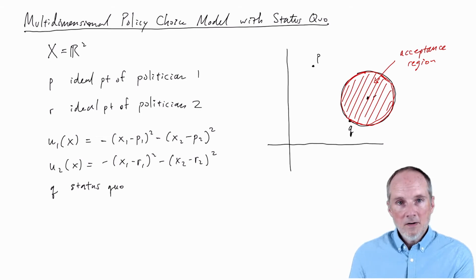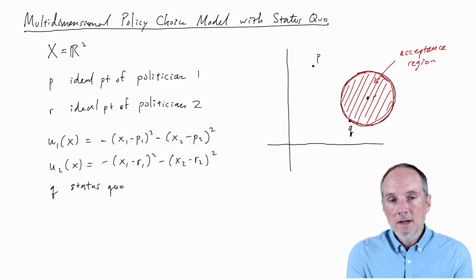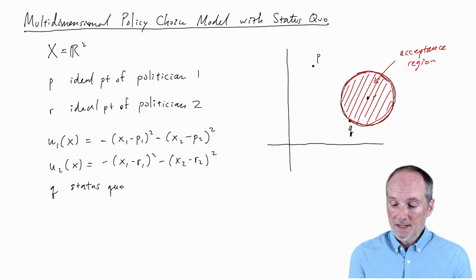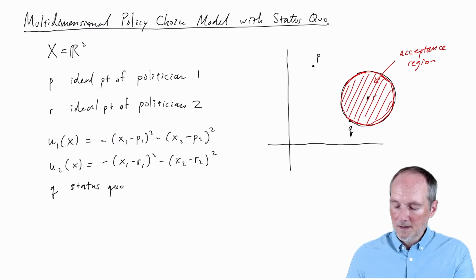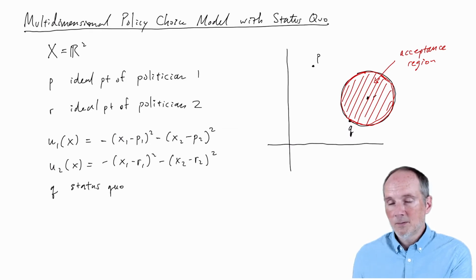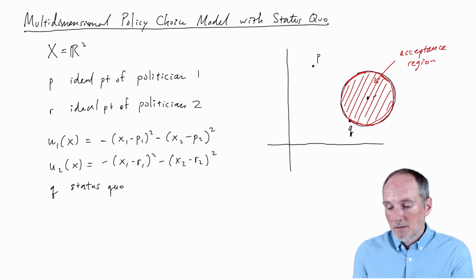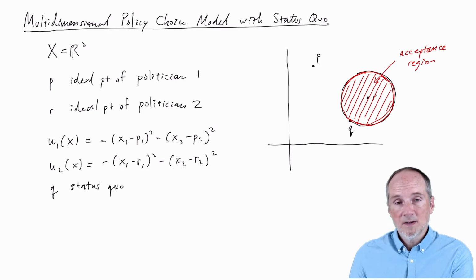So we figured that out. We can think about the decision of politician 1. We impose the optimality principle on that politician. We're going to assume that they understand the incentives of the other politician. So politician 1 knows they can only get policies in that acceptance region. Their decision problem is to choose the best thing that will get accepted, and that means the closest thing in this acceptance region to politician 1's ideal point.